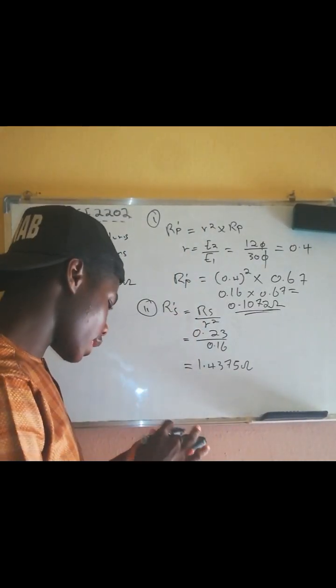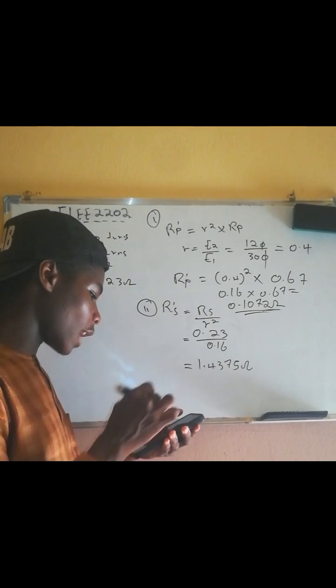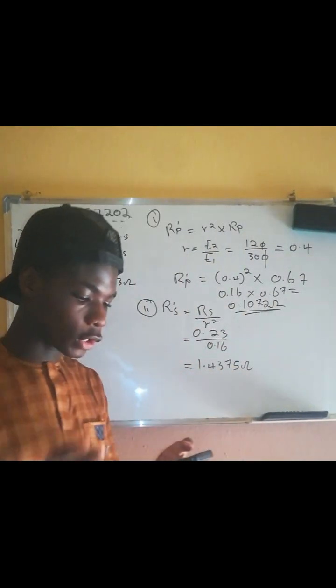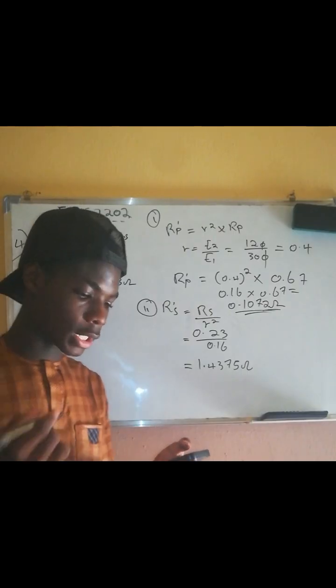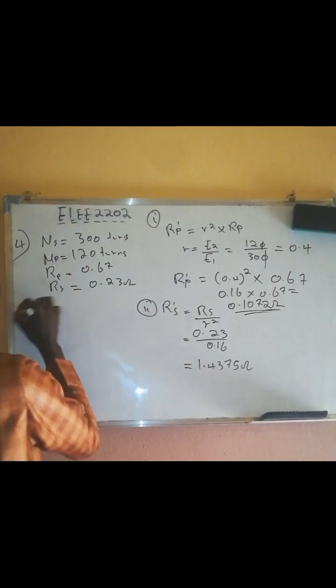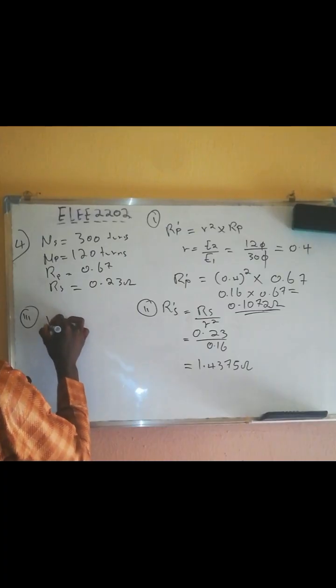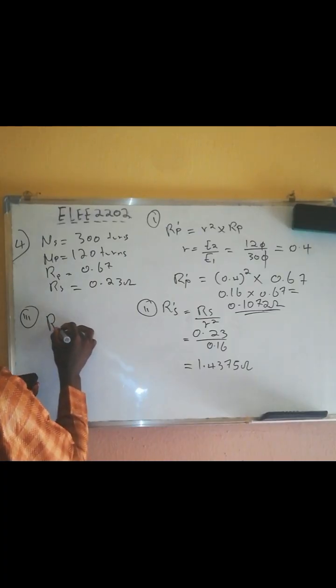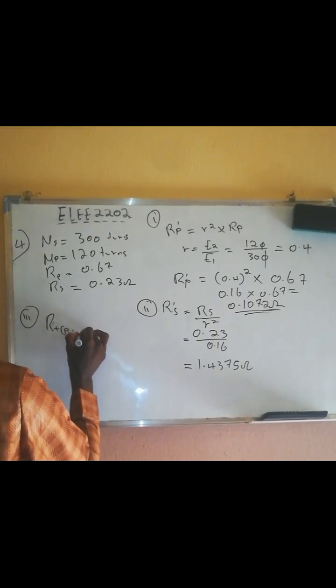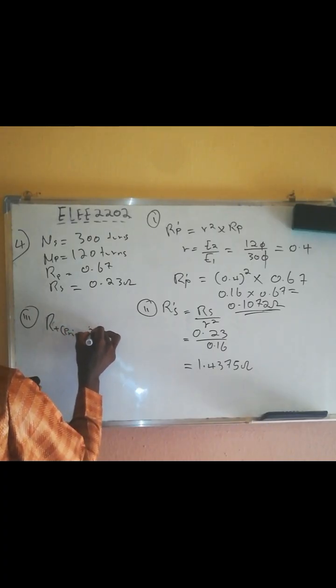So therefore the third problem says that we are to find the total resistance referred to the primary. Let's say RT primary, the total resistance referred to the primary.